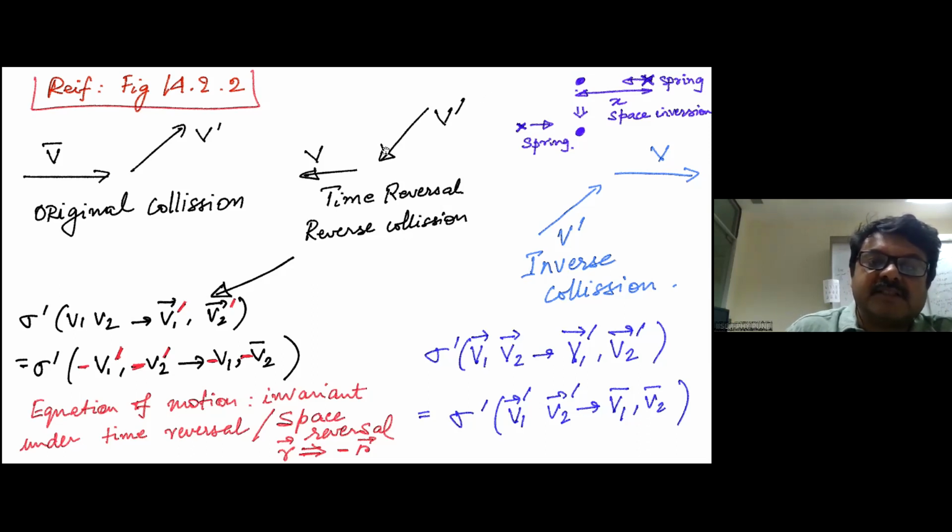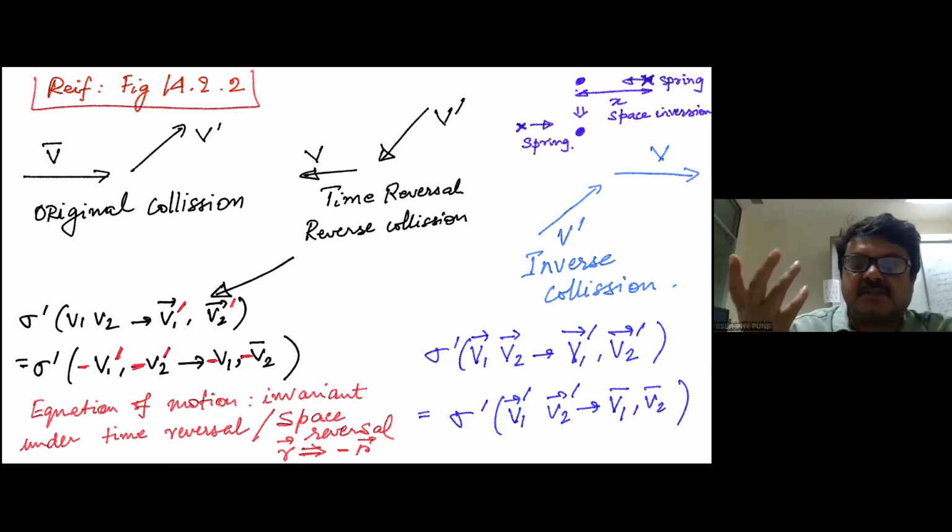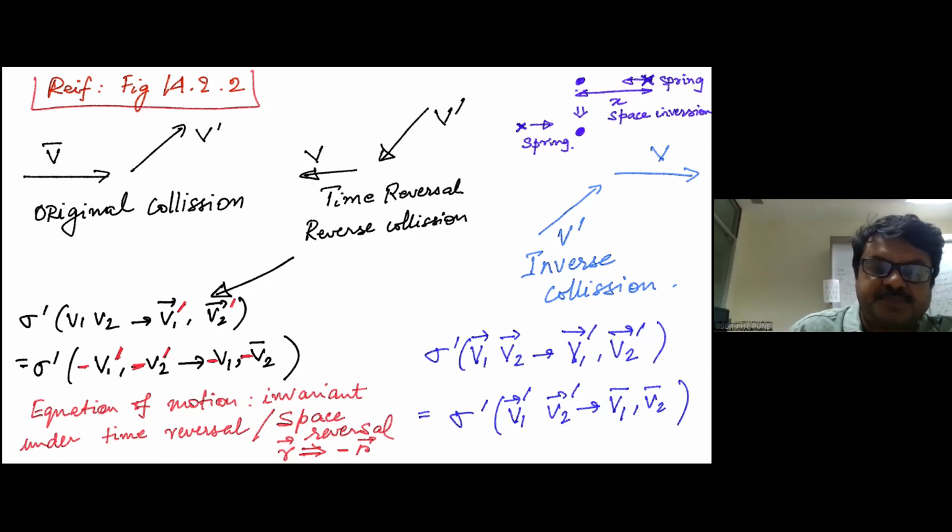But all the particles are going to retrace their paths. That's what the time reversal, or the reverse collision, is. So if some particles are coming like this, under the same kind of interaction they're going to go out in the opposite direction.